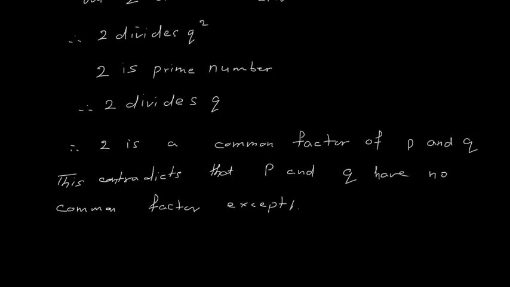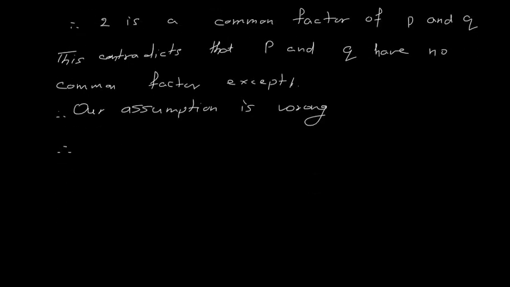So therefore our assumption is wrong. Therefore we will say that root 6 is an irrational number. Simple. Okay.